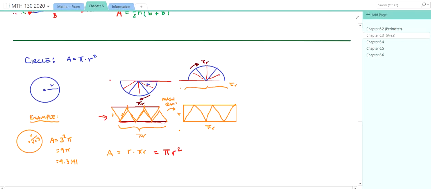If you do this close to an infinite number of times, when you open it up, it's going to look almost like a rectangle. This edge is going to be almost straight up and down, and this edge is going to be almost straight up and down if you have a whole bunch of wedges. So that approaches a rectangle as we slice it up an infinite number of times. That's another way you could look at it.